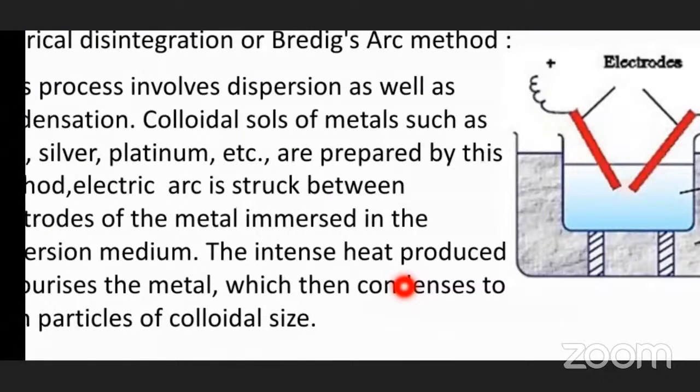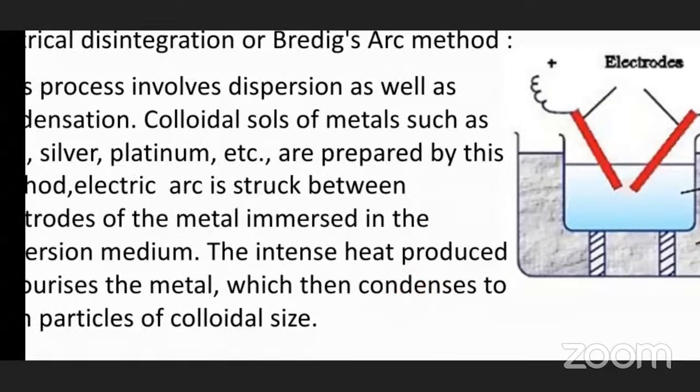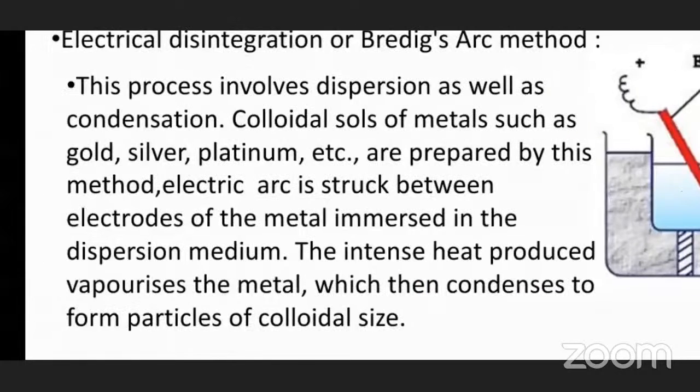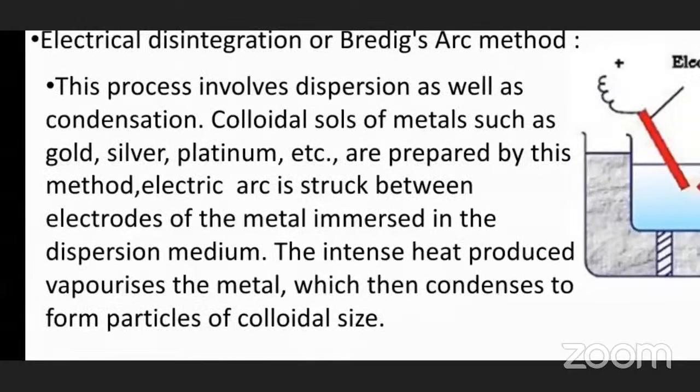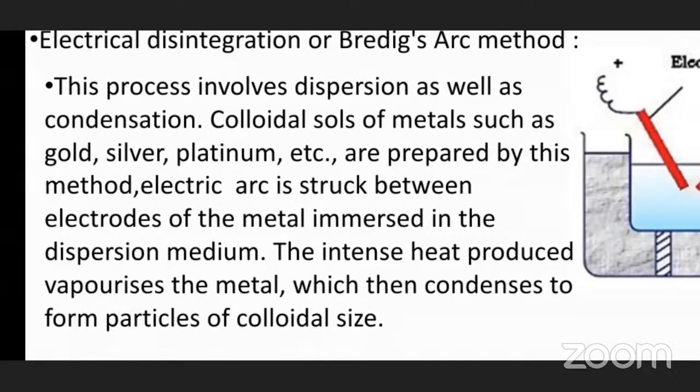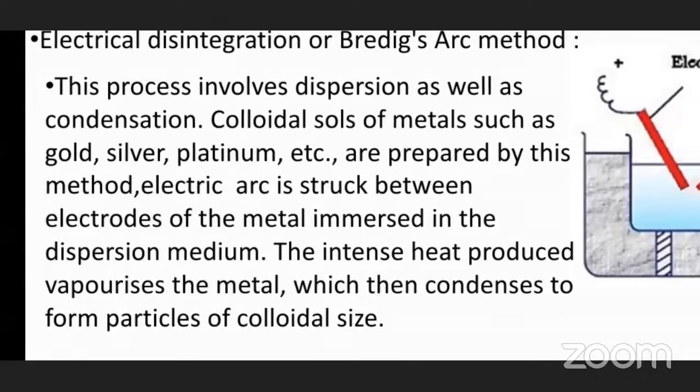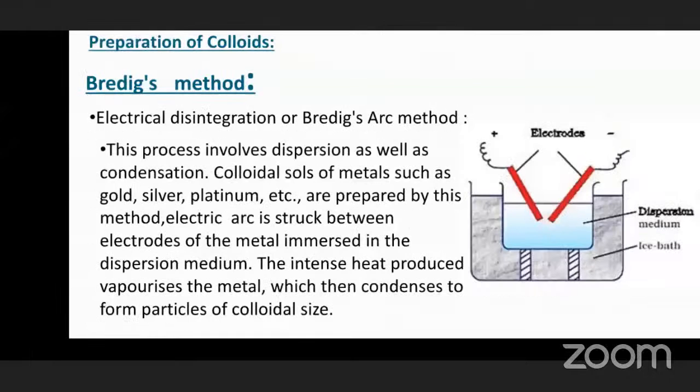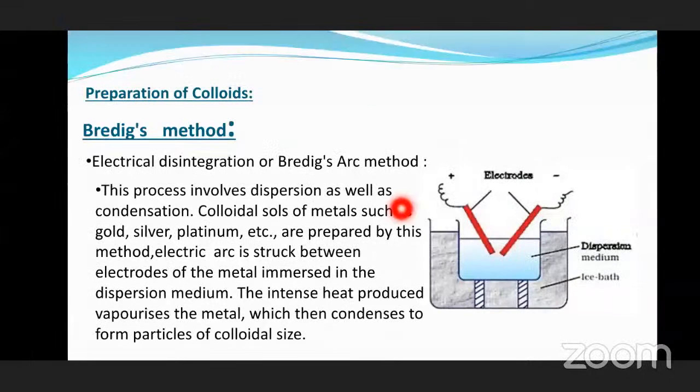When you use the condensation process, the particles are formed as colloidal particles. That means the size increases. Thus, we prepare colloidal particles by using the Bredig arc method. So this is about the Bredig arc method.